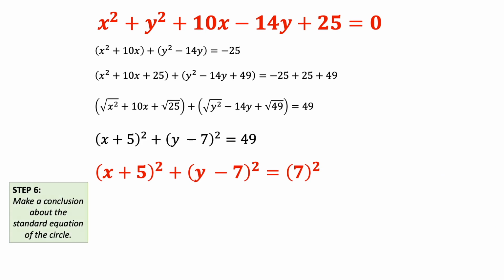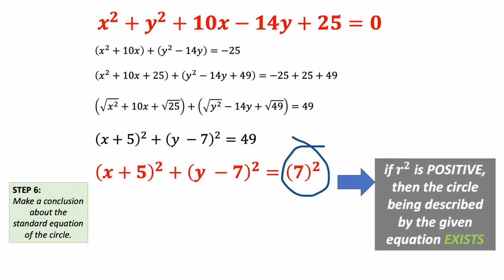The last step is to make a conclusion about the circle. Since the radius r is positive, then the circle being described by the given equation exists.